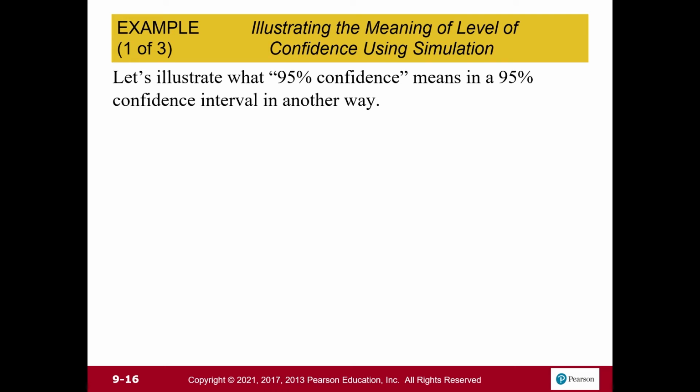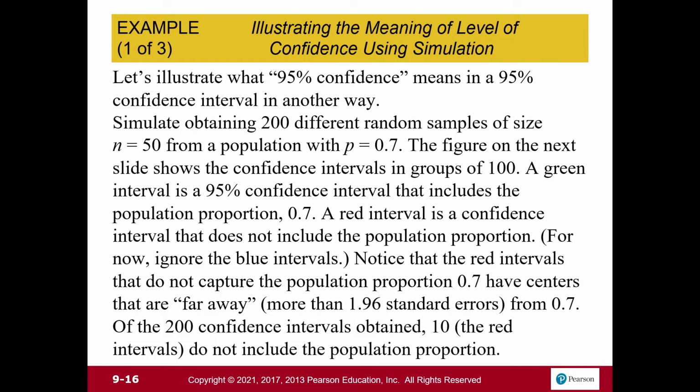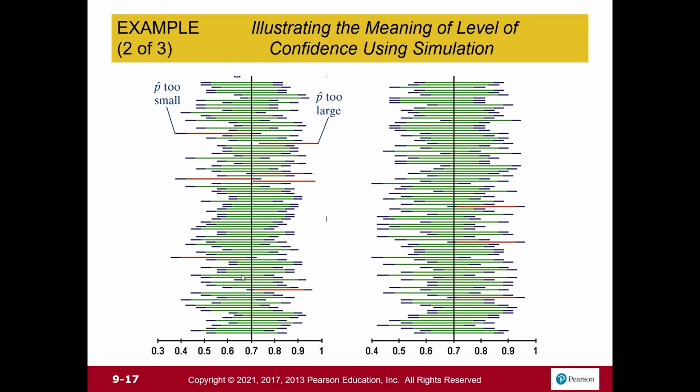Alright, here we go. Let's illustrate what 95% confidence means in a 95% confidence interval in another way. So here it looks like we're going to simulate different confidence intervals based around a population proportion of 0.7, and it looks like there's going to be 200 of them.